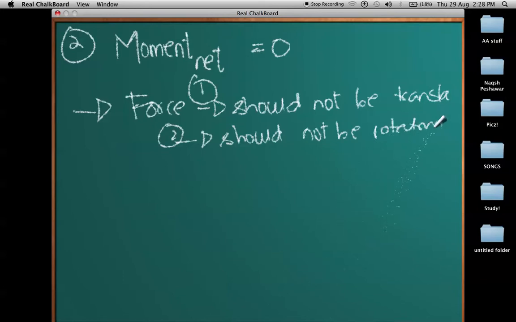So we'll have to stop both of them from happening. We'll see the complicated problems where both of these things are there, but for now we'll see how we can cause the net moment to be 0.